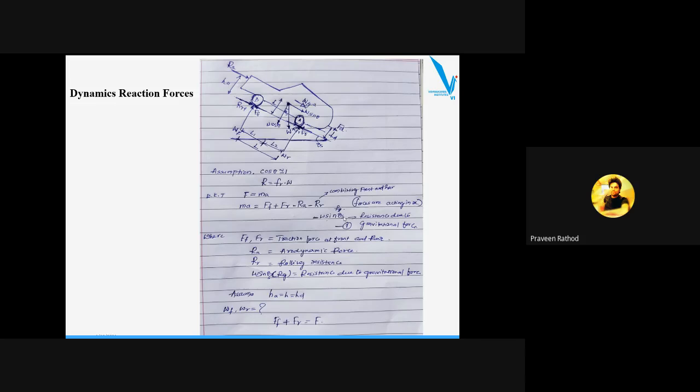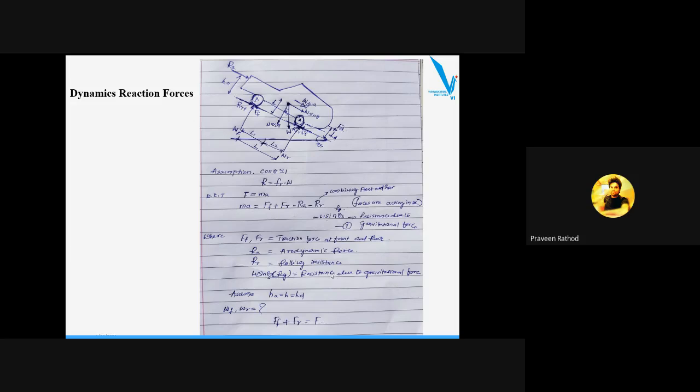That can be neglected because we are not considering the trailer over here. So FF and FR are the traction forces, RA is the aerodynamic force, RR is the rolling resistance, and W sine theta S is the resistance due to gravitational force.